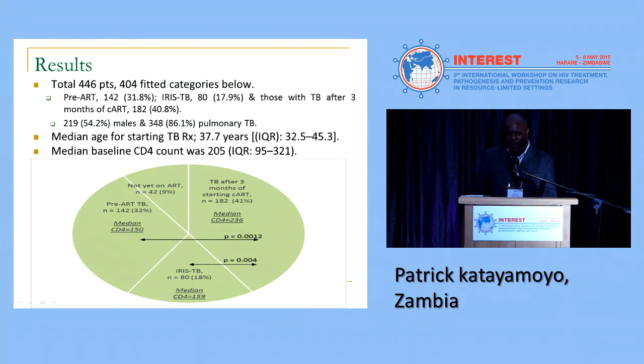When we compared the differences, we found they were statistically significant between the ART group and the other two groups, the pre-ART and the IRIS TB groups. We had an incidental finding that about 10% of patients who had TB were eligible for ART, but at the time of data collection had not yet been started on ART.